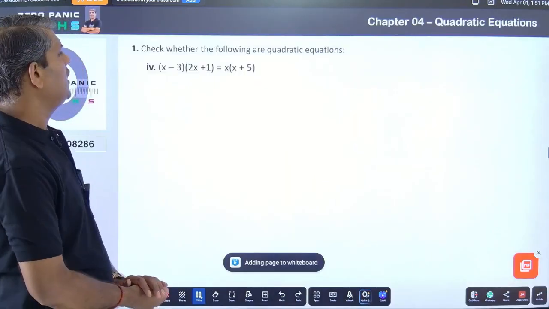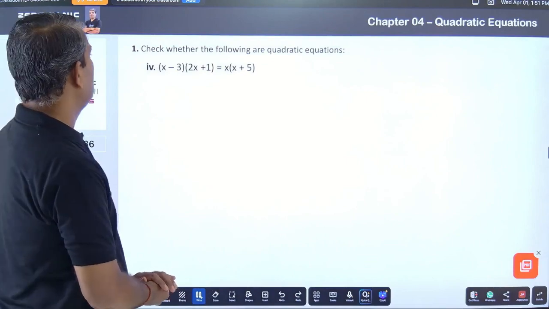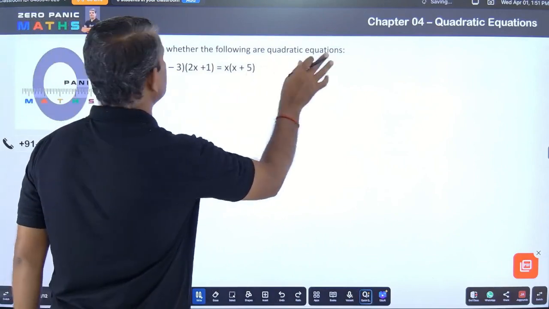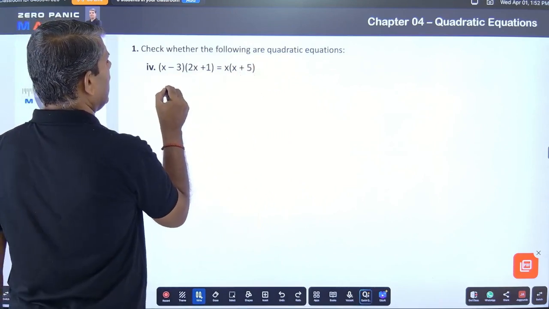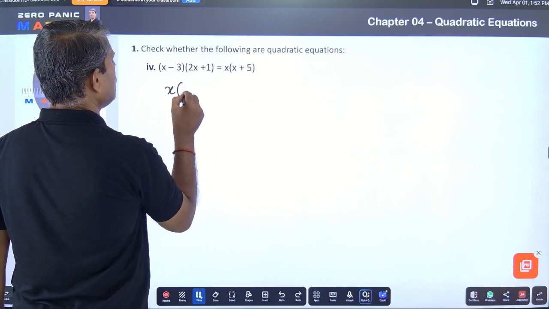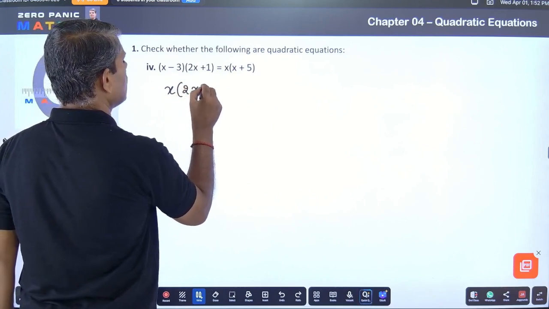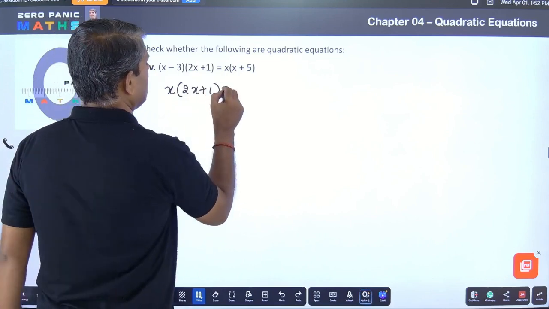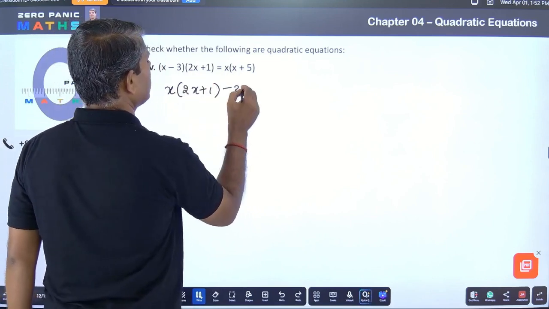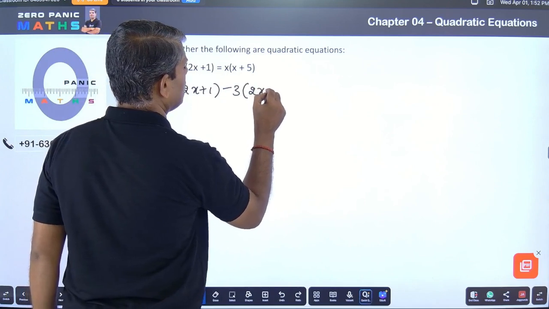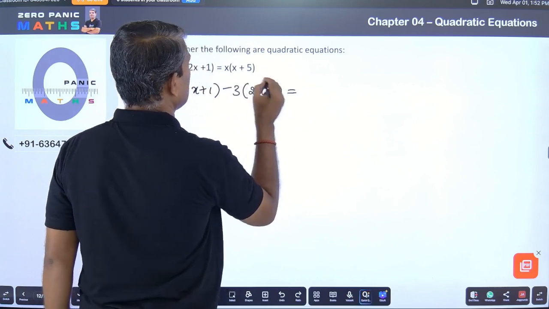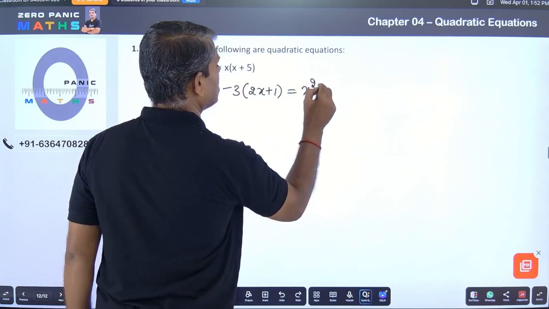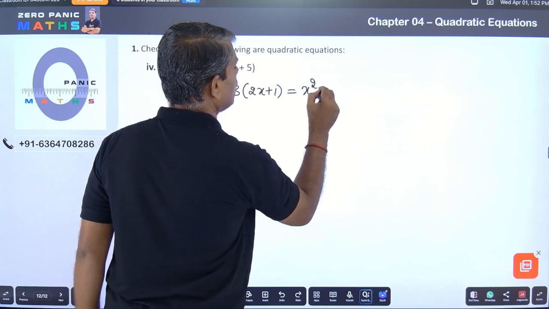Let us see the fourth example. Check whether the following is a quadratic equation. Let us multiply again. x to 2x plus 1, minus 3 to 2x plus 1, and multiply x to x, it is x square, and x into 5 is 5x.